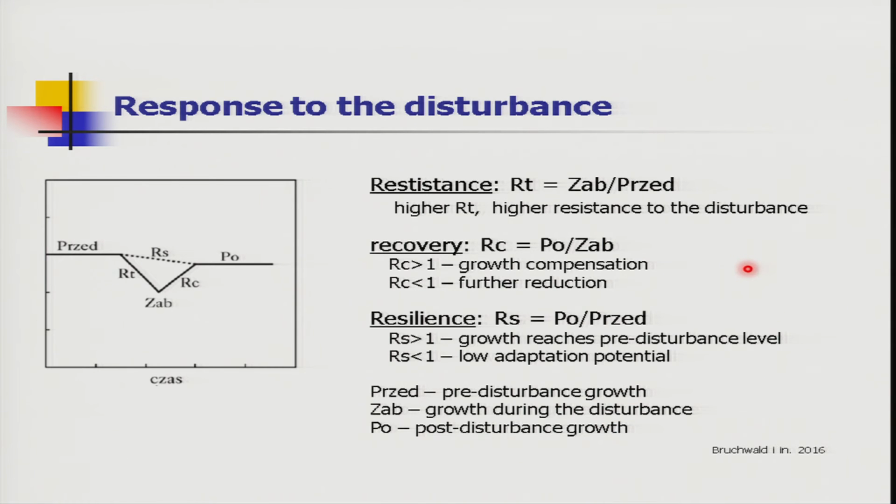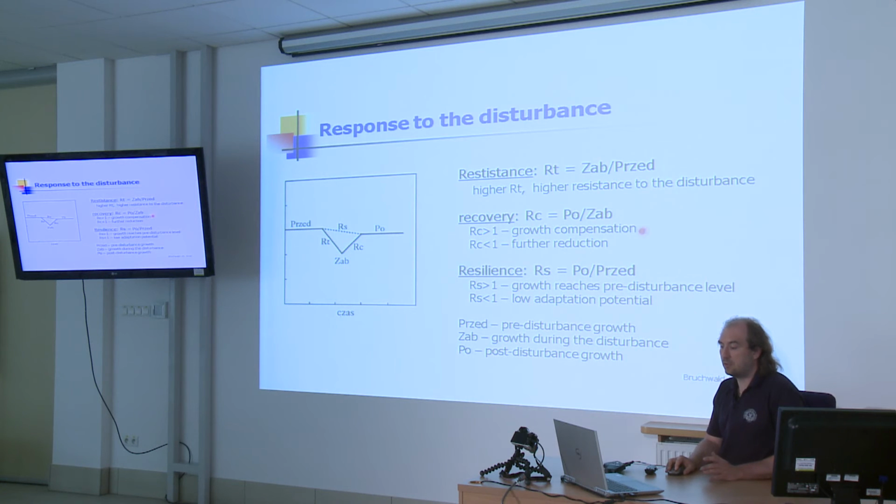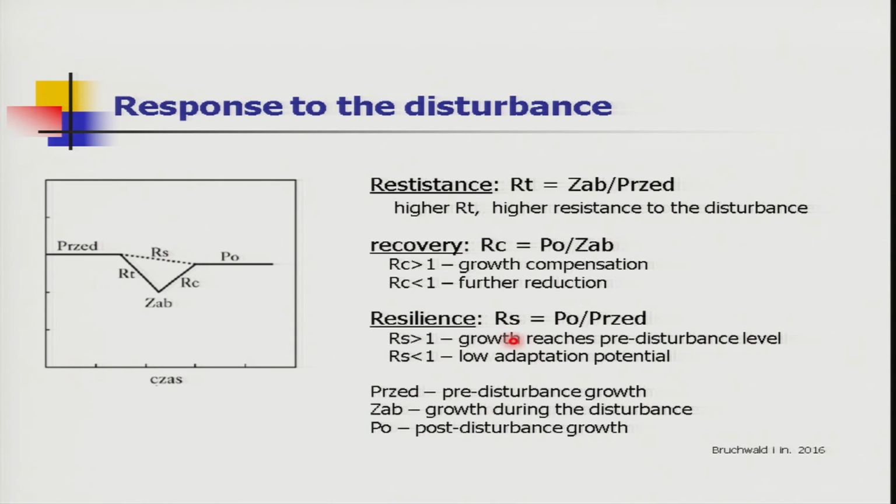And we have three parameters that can be used to assess whether a tree is resistant to the disturbance, whether it recovers quickly or slowly, and whether it is or was resilient to the disturbance.